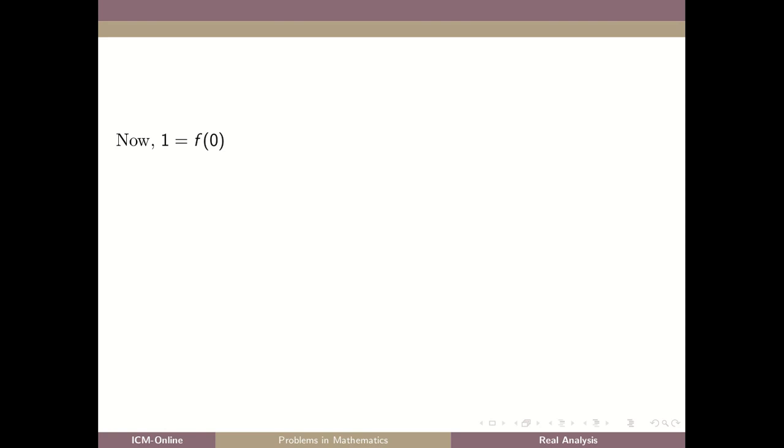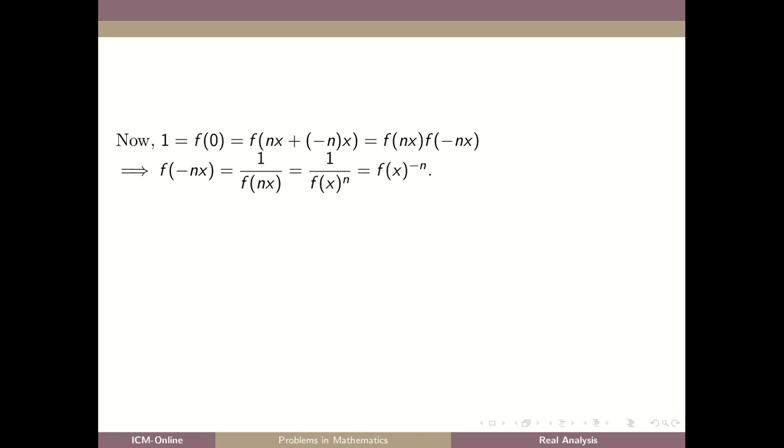Now consider 1 equals f of 0, which is same as f of nx plus minus nx, equals f of nx into f of minus nx, which implies f of minus nx equals 1 upon f of nx, which is same as f of x to the power minus n.